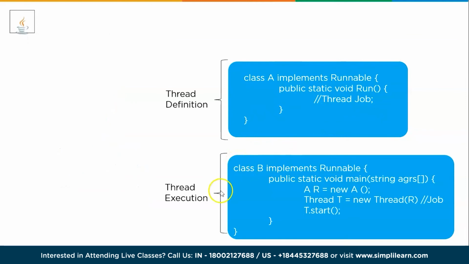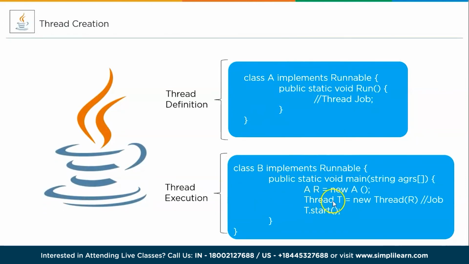But when you come into the runnable interface, things are quite different. Now here, to access or to start the thread job or to run the thread job, this particular class B will not have control over this particular thread job, right? You cannot directly add in the start and you cannot directly add in the run method here and expect it to run.